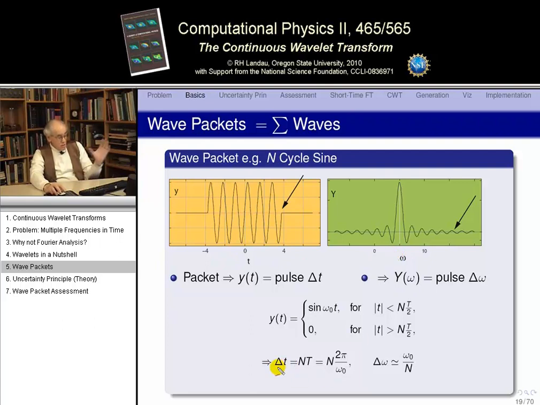So the time uncertainty, it's not quite uncertainty, but the width in time is n times a period, n 2 pi over omega. And as we'll see, look in the textbook where we actually give you the analytic form for this Fourier transform. The width here in transform space is approximately omega 0 over n.